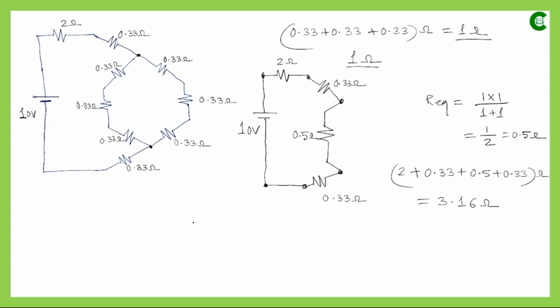That means in the final modified circuit, we will have one voltage source and one equivalent resistance of the whole circuit, and the value of that resistance is 3.16 ohm, and the value of that voltage source is 10 volt.